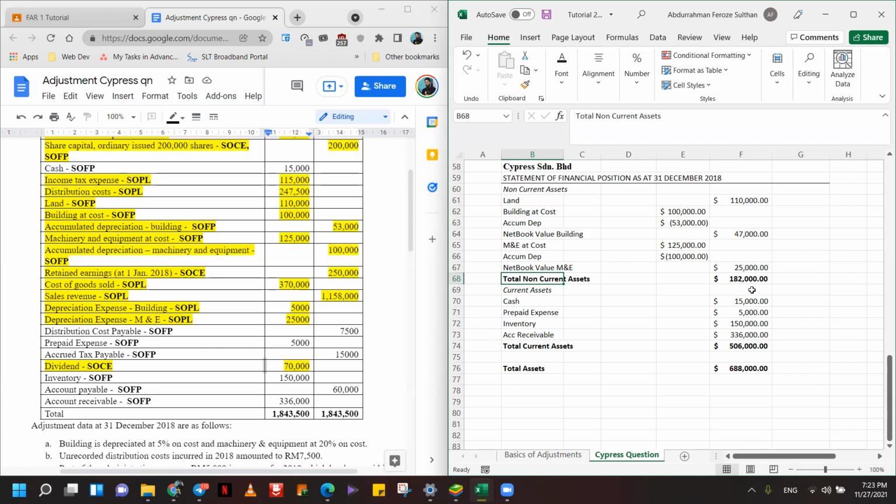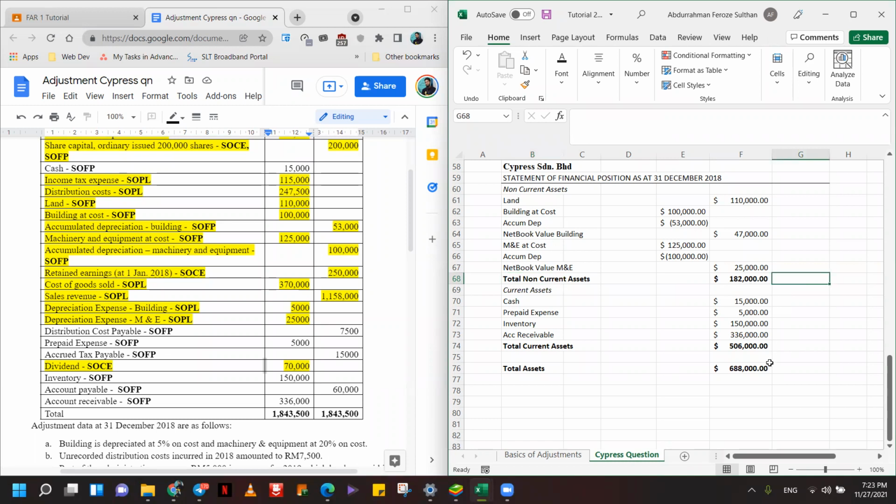We cannot bring the value of the asset at cost and put that as our current valuation, right? That would be inaccurate. So we have to take the amount that we paid for it minus the accumulated depreciation, and that is the current value, and that is what goes into our financial statement. So that's why you minus it. You take the building at cost minus the accumulated depreciation from the time of buying until now, and then we get the net book value of the building. Same thing we do with machinery, and we get the net book value.